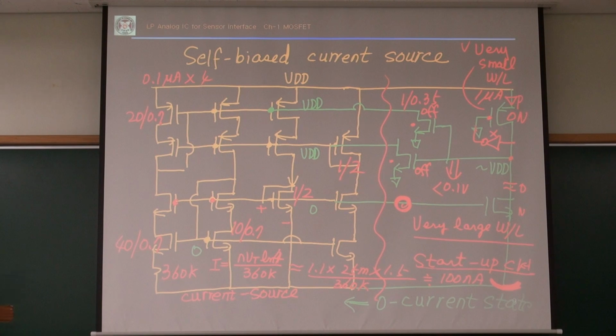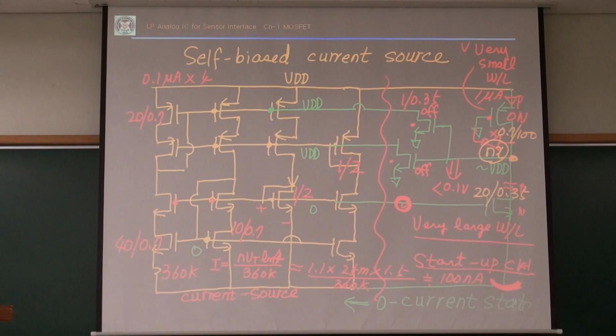And this is 0.7 by 100. I made it huge to reduce leakage. This is 20 by 0.35, right? So this voltage should be very small. This is NX, right?